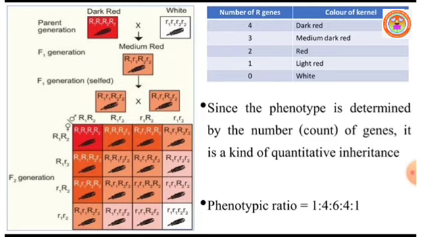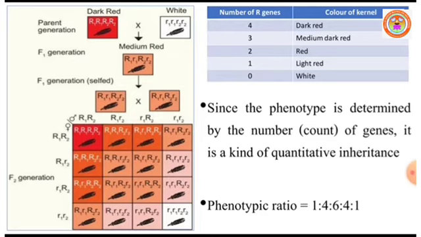The color intensity in the wheat kernel in the F2 generation is determined by the capital R genes. So the dark red color of the wheat is determined by the number of capital R genes.